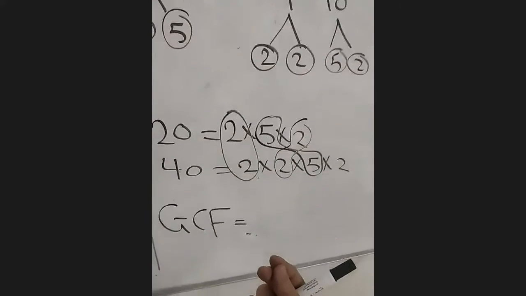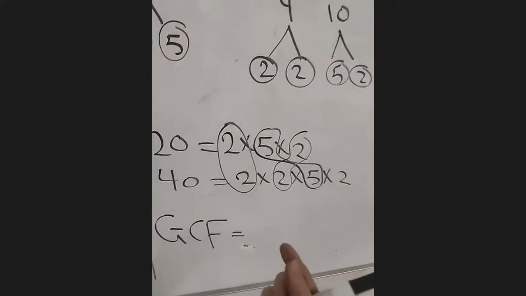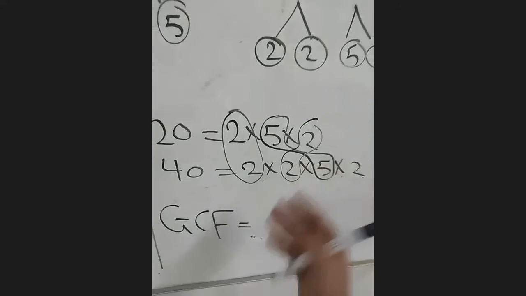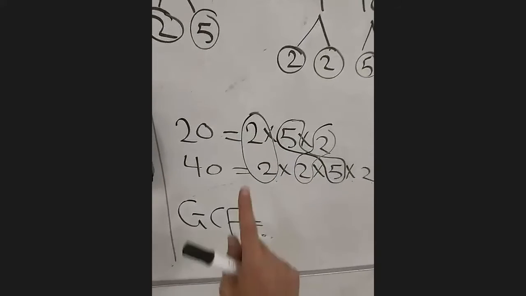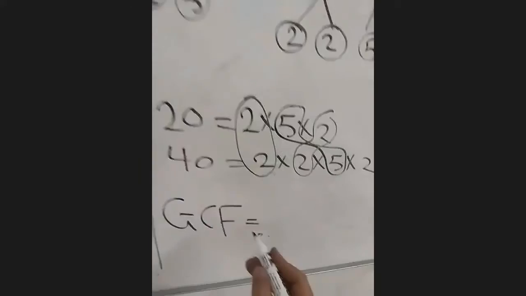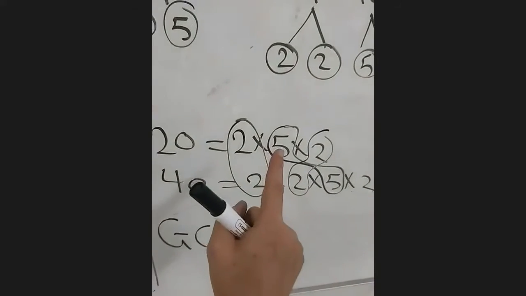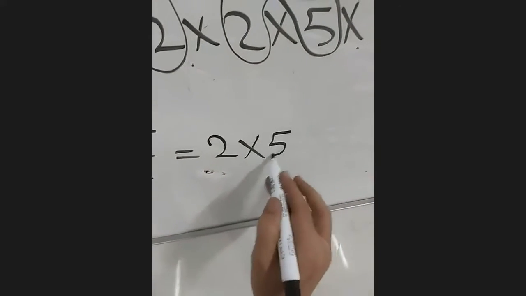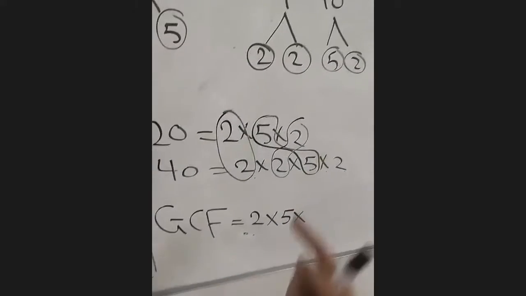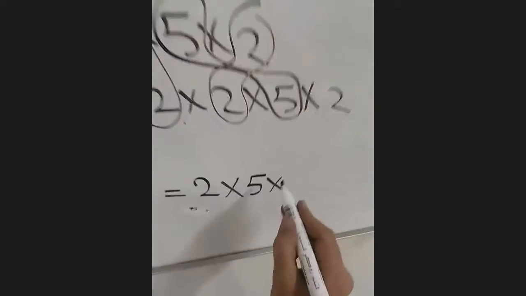How many common groups here? 3 common groups. First one, 2 and 2, I will take one 2. The second common group is 5 and 5. I will take one 5. The third common group is 2 and 2. I will take one 2.